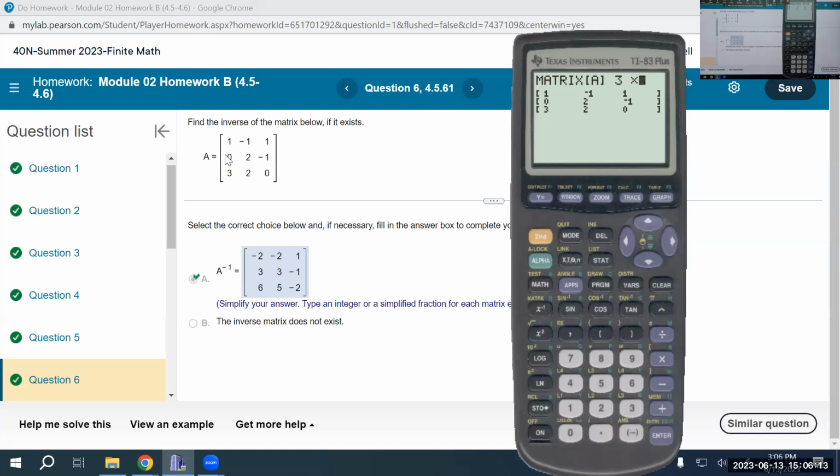So I'm going to change this. This was a 3x3. I'm going to make it a 3x6 and put the identity matrix on this side. What I'm doing is exactly what we've been doing.